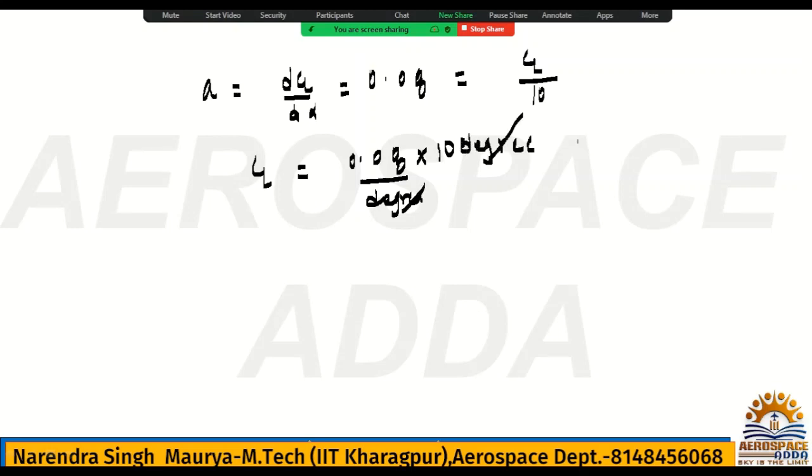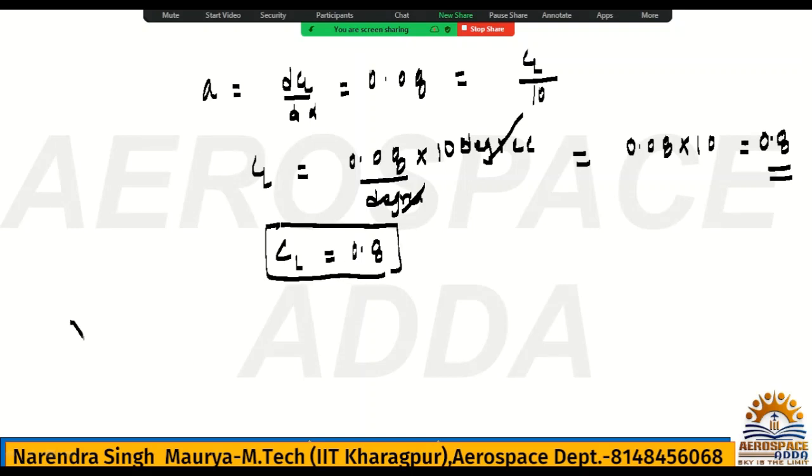What you got is 0.8. This is the CL, the lift coefficient, and obviously the lift coefficient has no unit. Hope you understood.